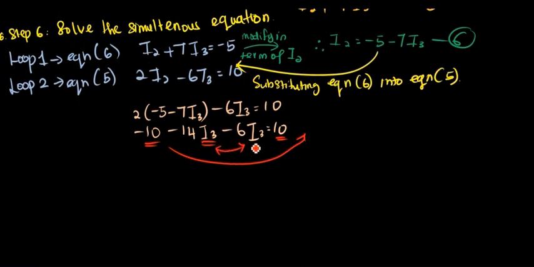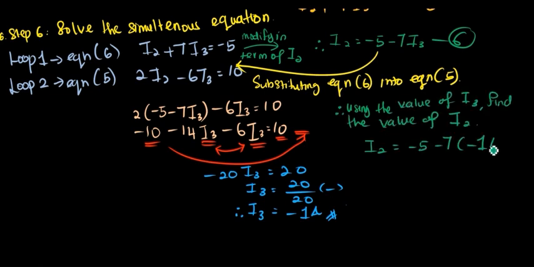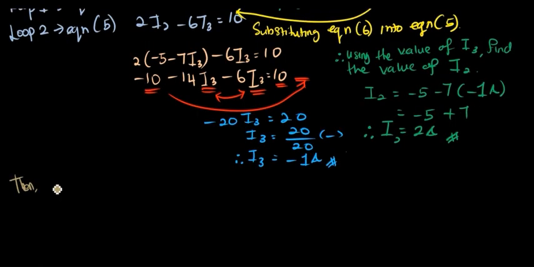And we get the value of I3 as negative 1 A. By using this value of I3 in equation 6, we get the answer for I2 as 2 A.